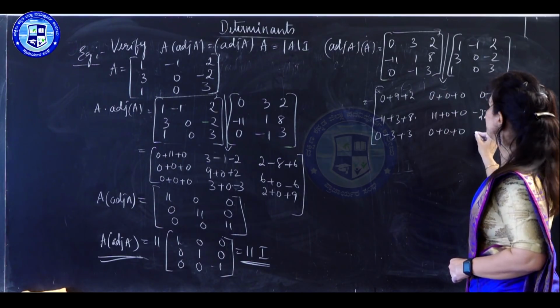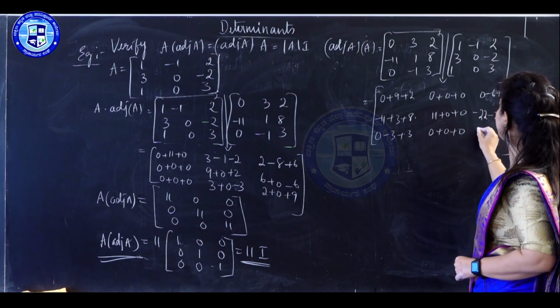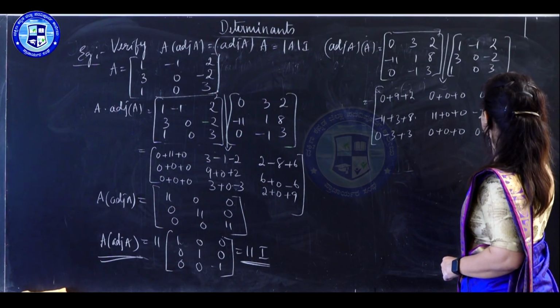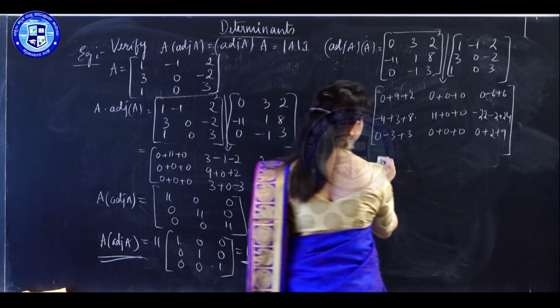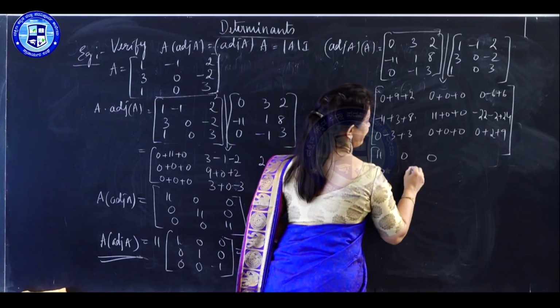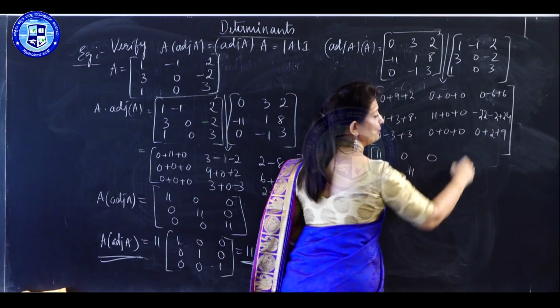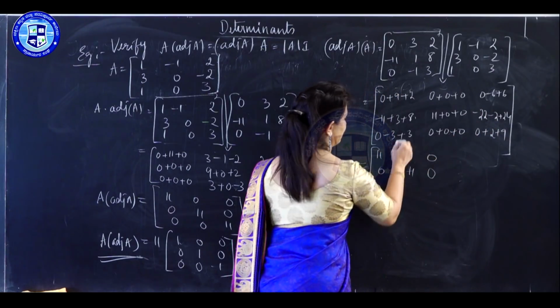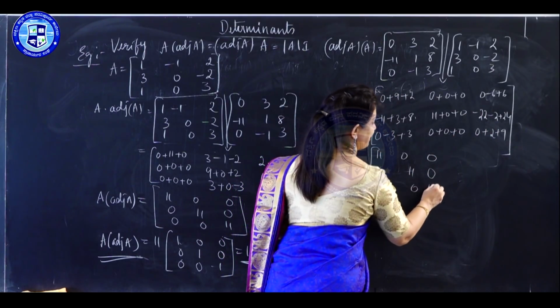Third row, third column, when you multiply the corresponding elements, we have 0 plus 2 plus 9, which is nothing but 11. So we get 11, 0, 0, 0, 11, and minus 22 minus 2 plus 24 is 0, 0, 0, 11.